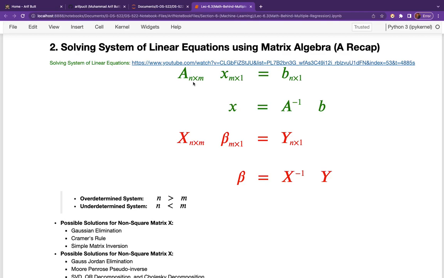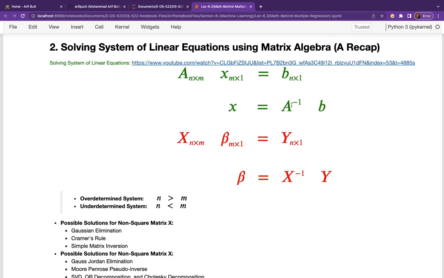Moreover, if A is a non-singular matrix, that is a matrix having non-zero determinant, then we can find the inverse of this matrix A, and thus can calculate the unknowns using this second green equation, x equals A inverse B. And I have discussed different techniques in my LA session to solve systems of linear equations for a square matrix, that is when the number of equations is equal to the number of unknowns. The methods we discussed there are Gaussian elimination, Cramer's rule, and simple matrix inversion.